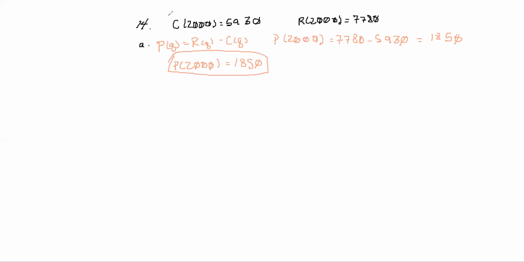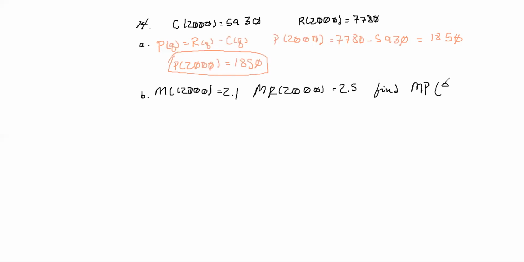Okay, so part B. If MC of 2000 equals 2.1, and MR of 2000 equals 2.5, find MP, or change in profit with respect to quantity, or the derivative of the profit, from 2000 to 2001.